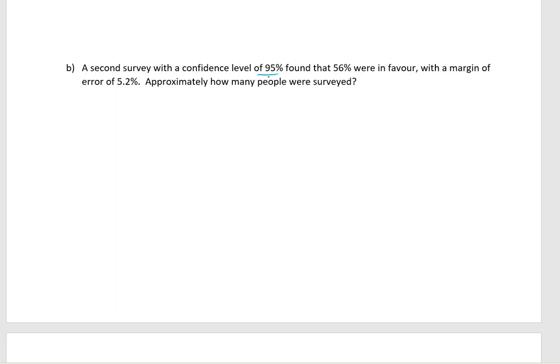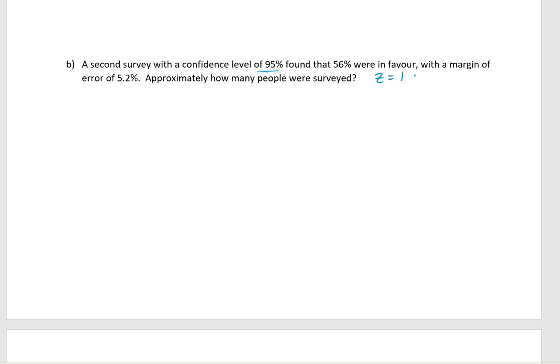So we need to link together our confidence level. So 95% again gives us a Z value of 1.96. All right. And then we'll use our formula. E is equal to Z times the square root of P times 1 minus P over N.